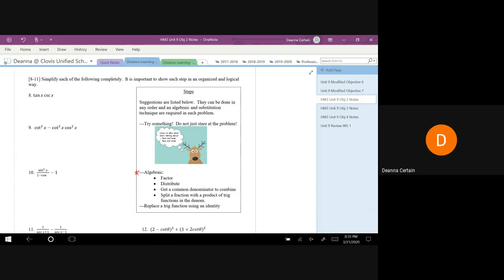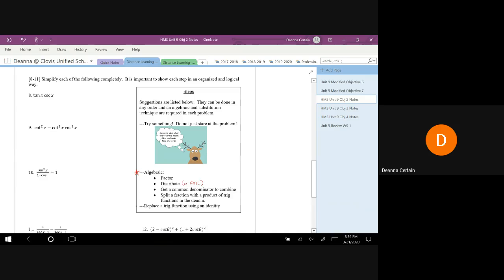Do you see a distribution or a FOIL, for those who prefer to think of it that way? Is there something along those lines that you can see? Is there a common denominator that you could find? So using your fraction rules, is there something in that realm? Or could you split a fraction with a product of trig functions in the denominator somehow?